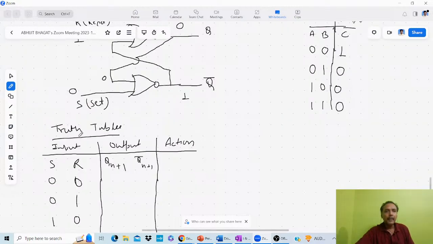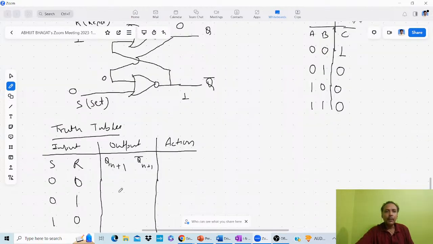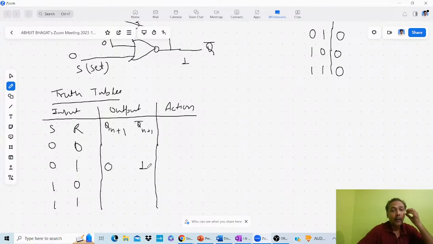So when you supply the 0 1, in that case your Q will be 0 and Q bar will be 1. So here the Q will be 0 and Q bar will be 1. Okay. I hope it is clear. Okay.